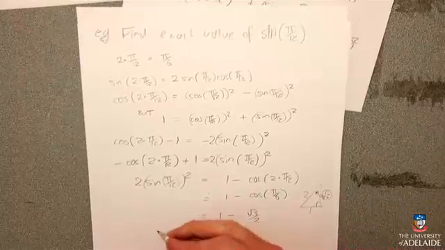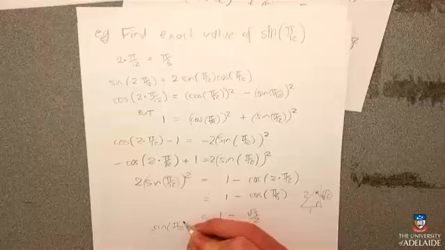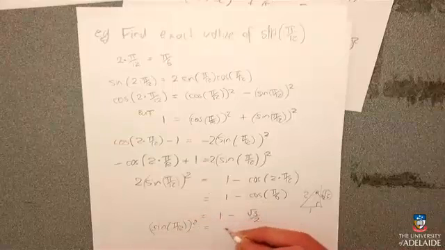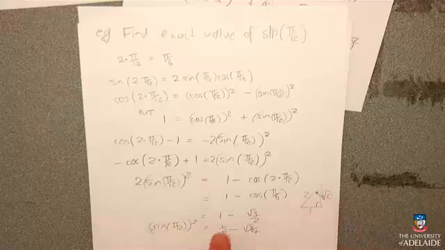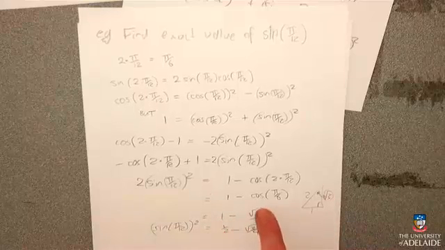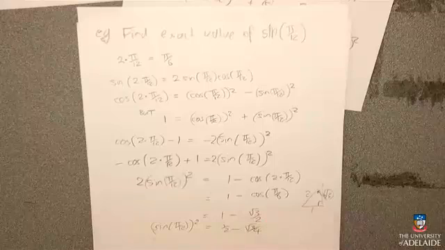And so I'll divide everything by 2. So 1 divided by 2 is a half. Root 3 on 2 divided by another 2 would be root 3 on 4. And now I have to do the square root.